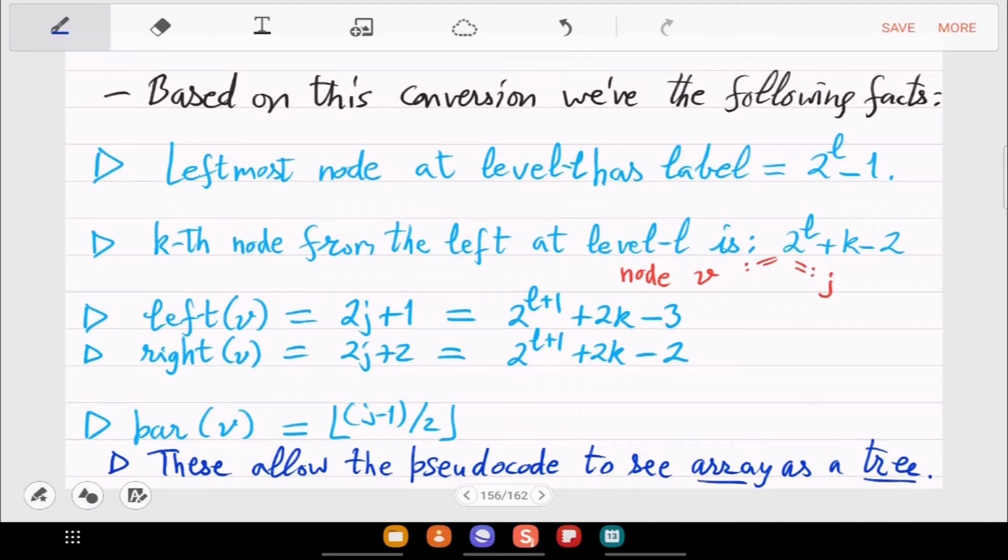So from array you can go to tree and vice versa by these formulas. You just have to hard code them in the pseudocode. But remember that this is not any tree but the complete binary tree representation, otherwise the formulas will all be lost.